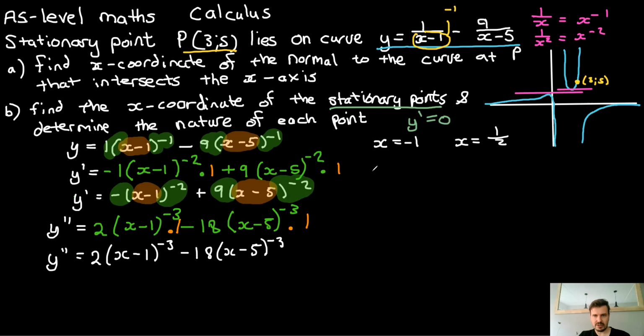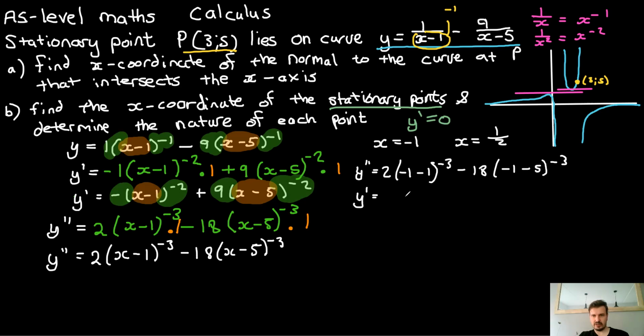So let's see if this is positive or negative when we sub in. So y dash equals 2 (-1 - 1) to the -3 minus 18 (-1 - 5) to the -3. Now you put this in your calculator to see if you get a positive or a negative.